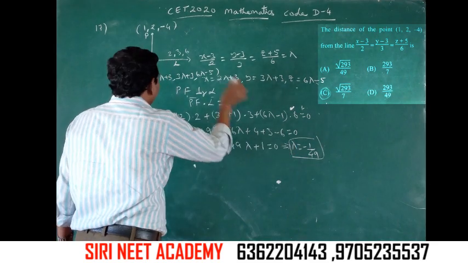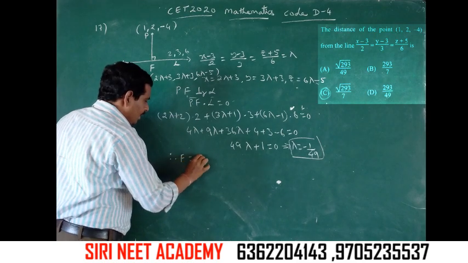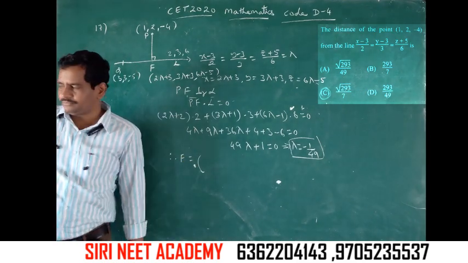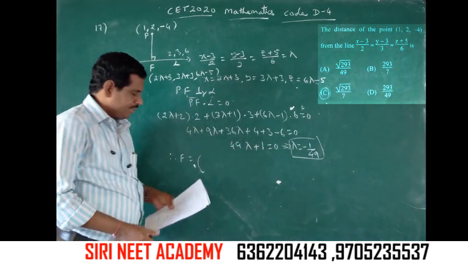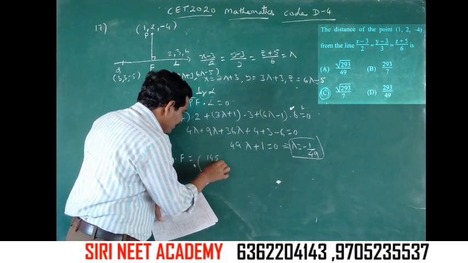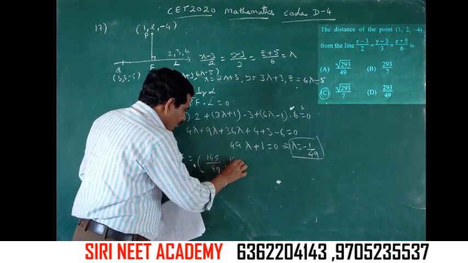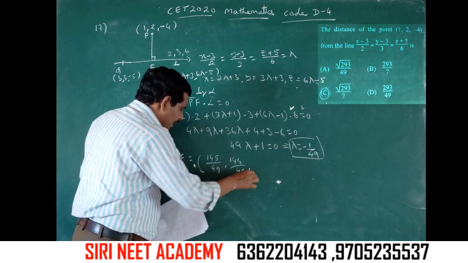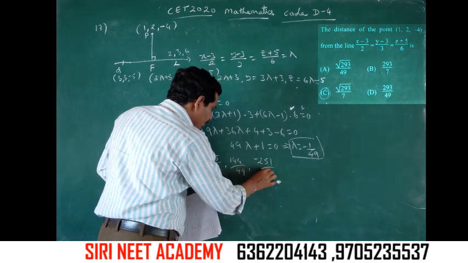Substitute the lambda value here. We will get the coordinates of F. F coordinates are 145 by 49, 144 by 49, minus 251 by 49.